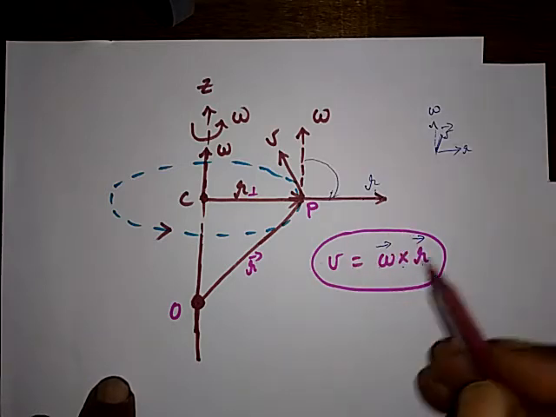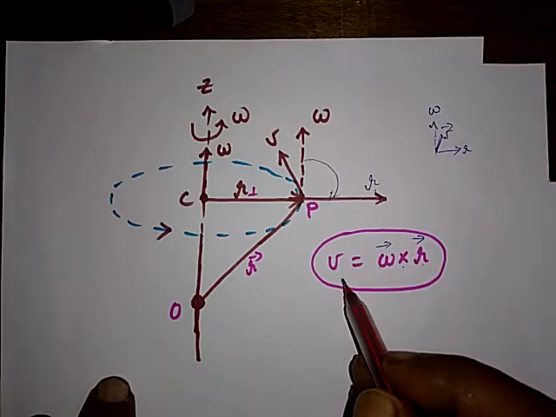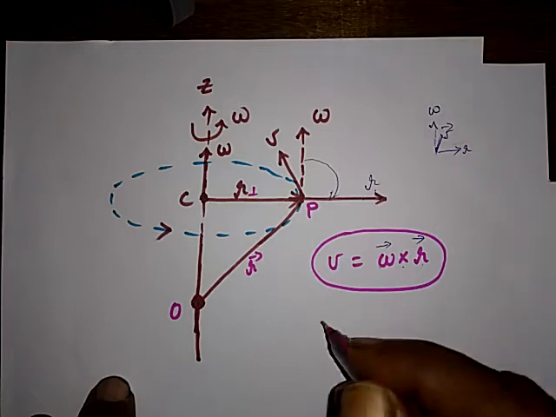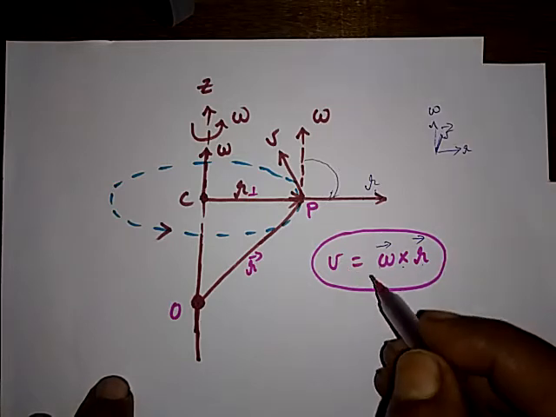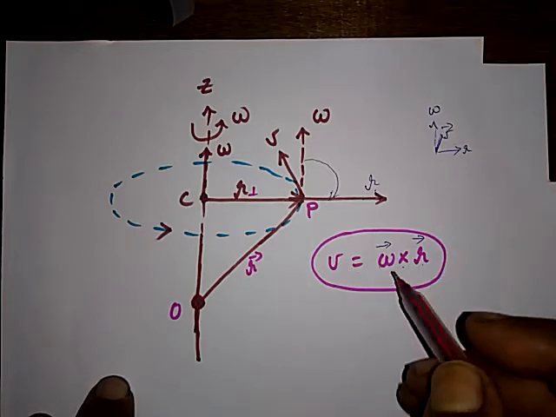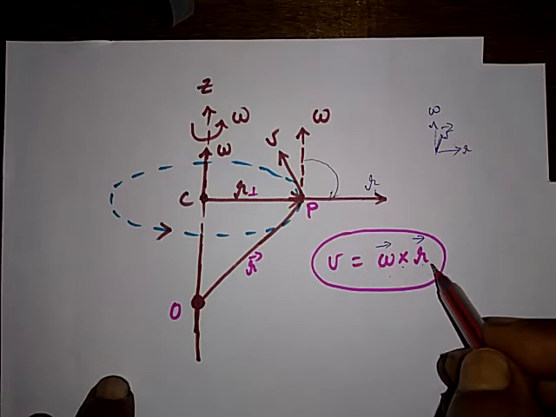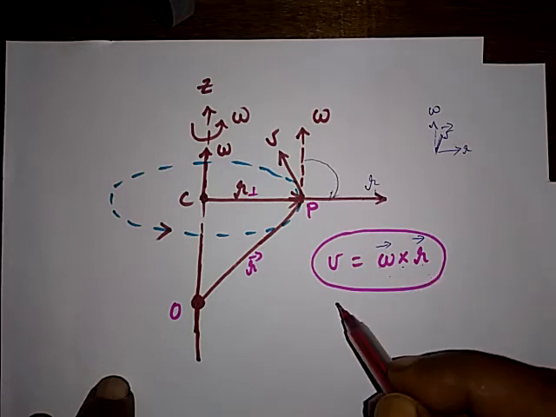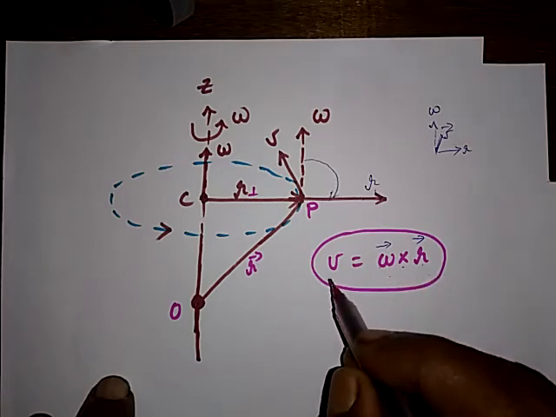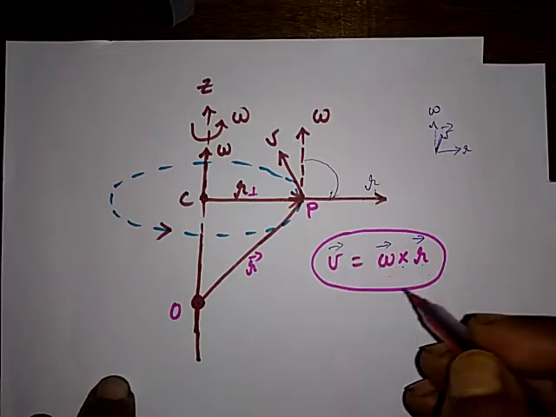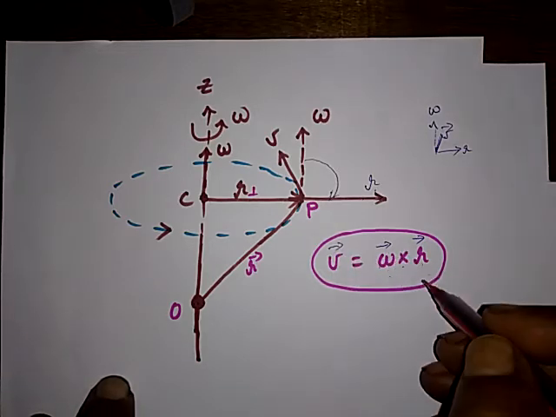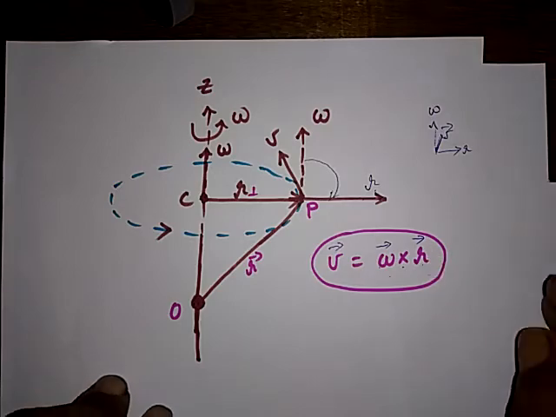So what I am trying to say is that linear velocity is basically a vector in which we can represent angular velocity and the radius of the circle as a vector cross product. So the linear velocity v vector is equal to omega vector cross product with r vector.